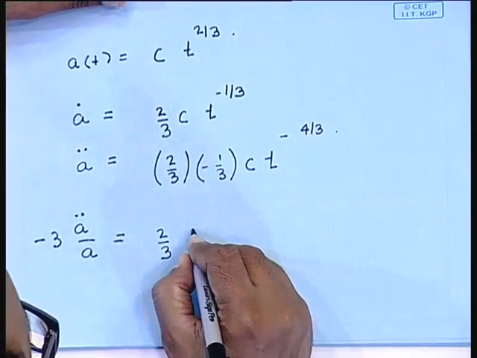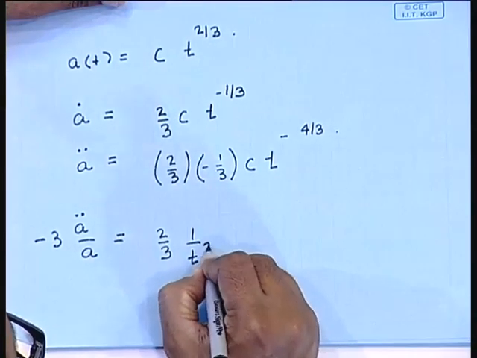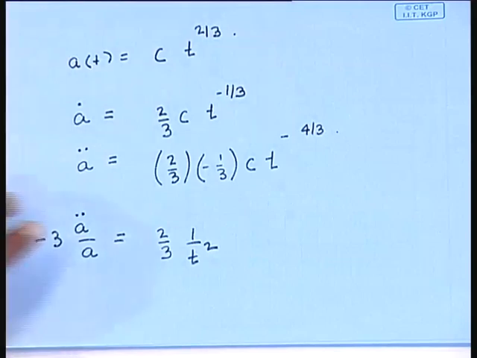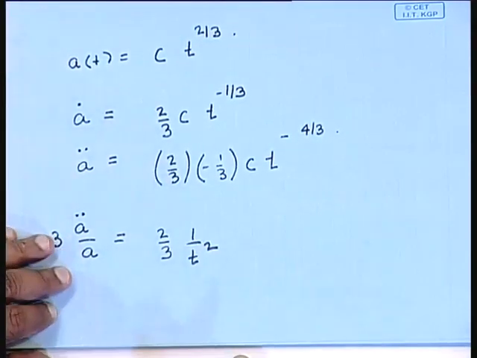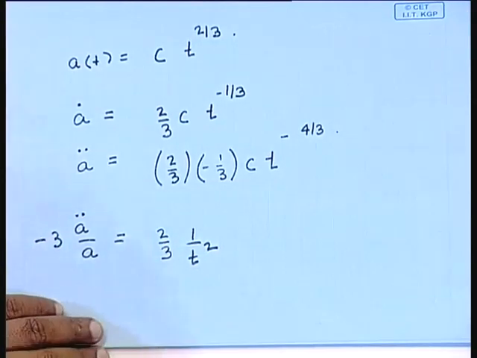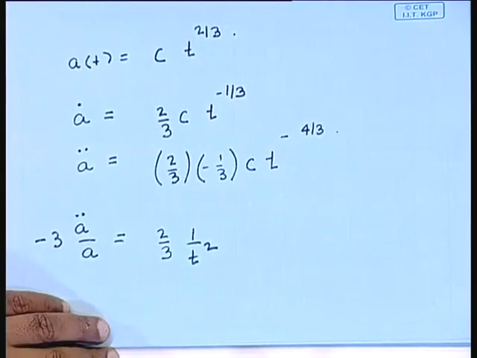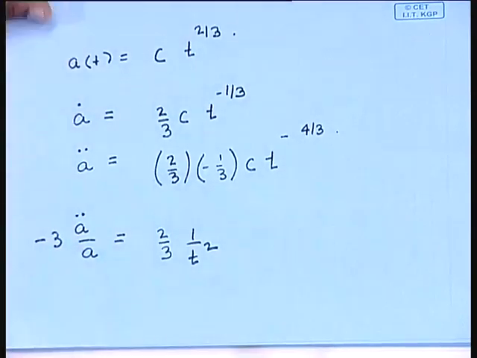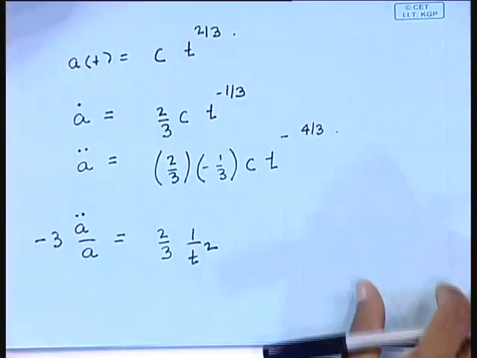So I am going to have 1 by t square, right? A double dot by A is 1 by t square, with some factor. We just calculated the factor, it is 2/3. This also is 2/3.